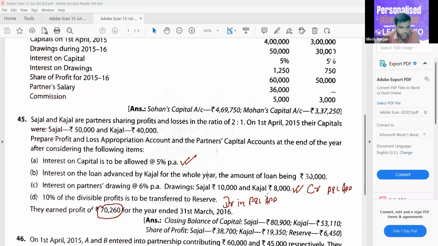Okay, sir. You can see here that interest on a loan advanced by Kajal for the whole year, the amount of loan being 30,000. Yes. Now the interest rate is not given for this loan. Can you tell me what will be the interest rate?